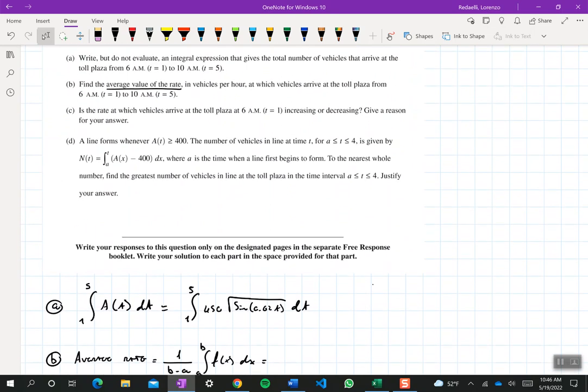which is saying that a line forms whenever A of t, the rate of vehicles, is more than 400. And the number of vehicles in line is given by an equation N of t, which is the integral from a to t of A of x minus 400 dx. It's asking to round to the nearest whole number and find the greatest number of cars in line at the toll plaza in the time interval from a to 4.